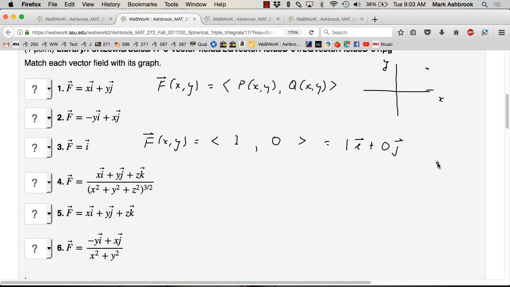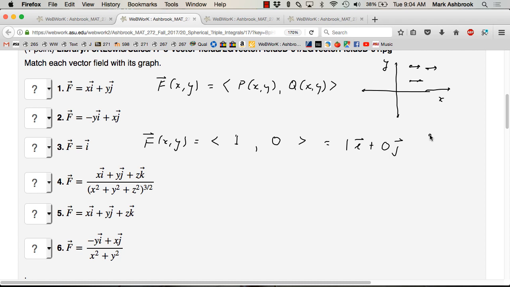So that should be a pretty easy vector field, no matter where you are. No matter where you are, you get the vector 1, 0. Can you imagine that? So if I'm here, it's just a 1-unit vector. Which direction? To the right. If I'm here, same vector.